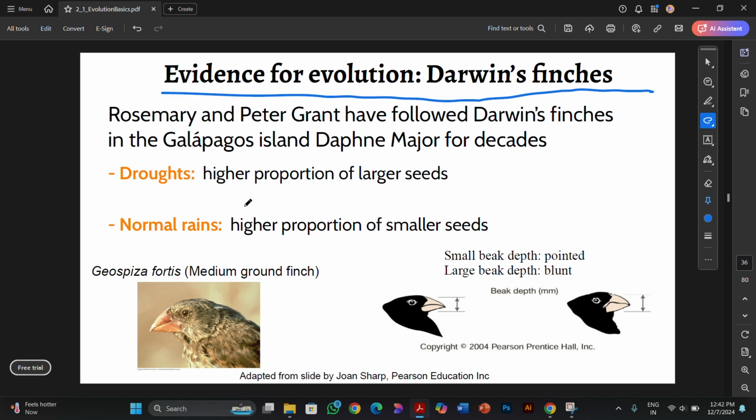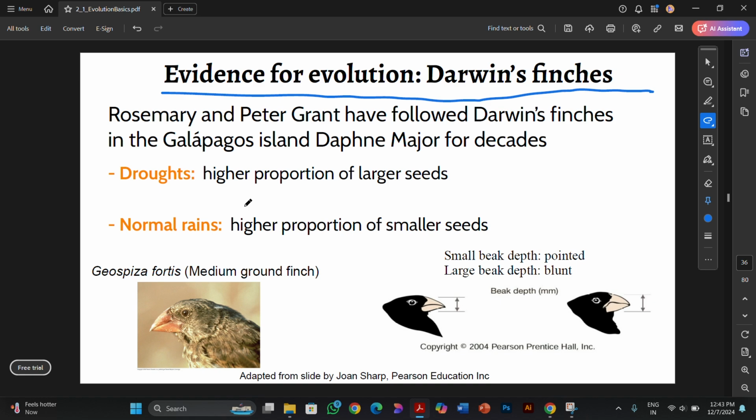This also supports the data that during droughts, as there are larger seeds, the beaks of the finches are found to be larger, and during rainy days, with smaller seeds, the beaks of the finches are found to be pointed, very thin, to eat small seeds.